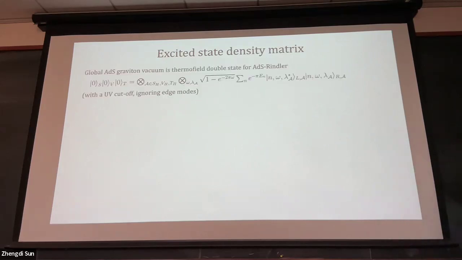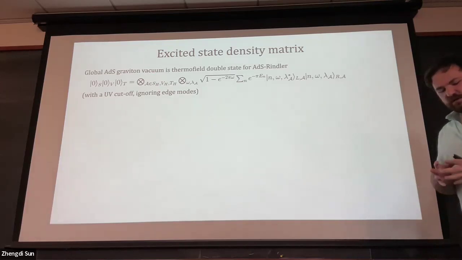So we need our excited state density matrix. So we start with Rindler. Rindler can be written as the following entangled sum of energy eigenstates on the left and on the right. Here there's a product over all the different scalar vector tensor modes. H here is because we're in Rindler. So these label the Rindler decomposition, as you'll see in a second. We're only going to care about the scalar one. And here I've put in some UV cutoff.